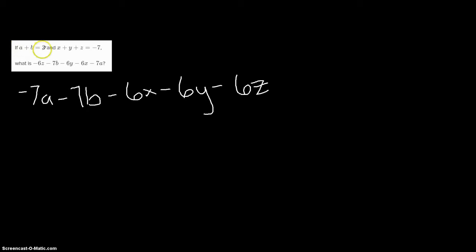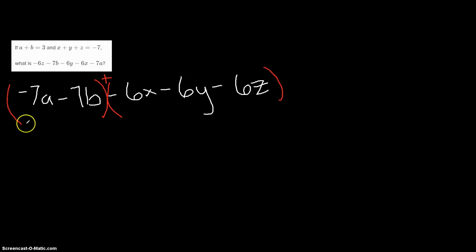And so we see that a plus b equals 3, so we can separate these two into two pieces. So we have one piece right here and we have one piece right here, and we're going to add these two terms together. So let's look at this first part.